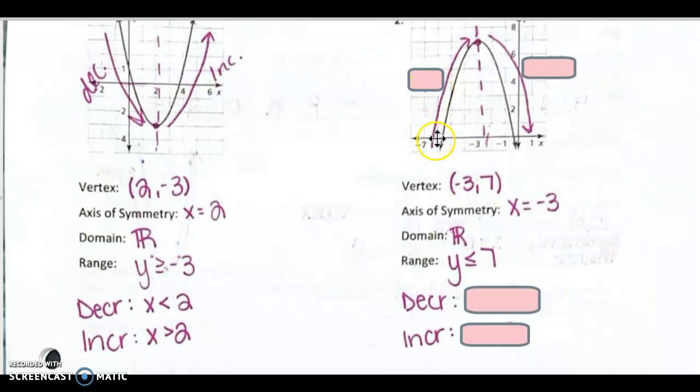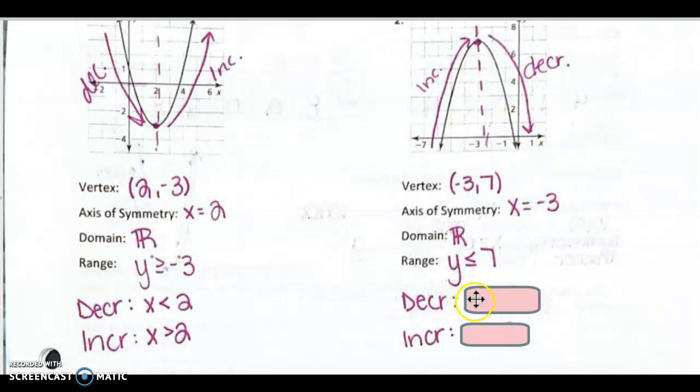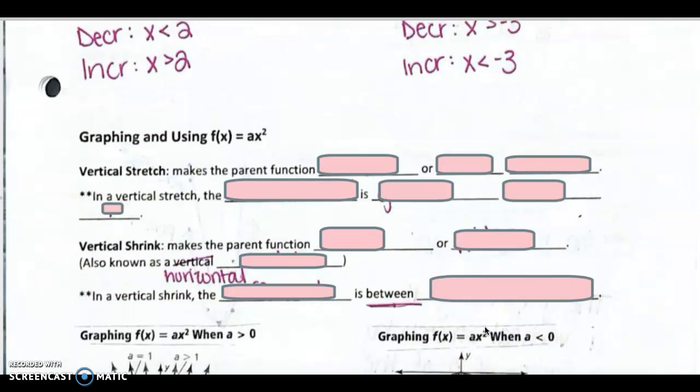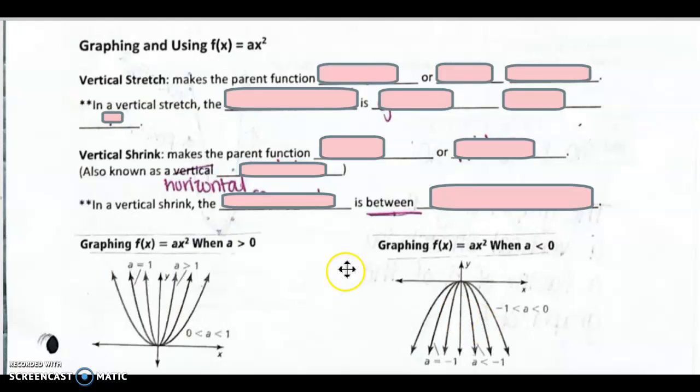It starts out this time from left to right, it's increasing first. And then it turns and decreases. So remember, we use x values, and our x value is -3. It decreases when x is greater than -3 and increases when it's less than -3. Hopefully you got those correct.